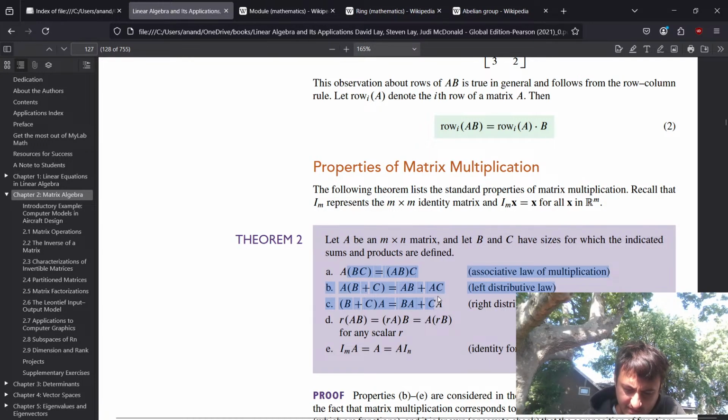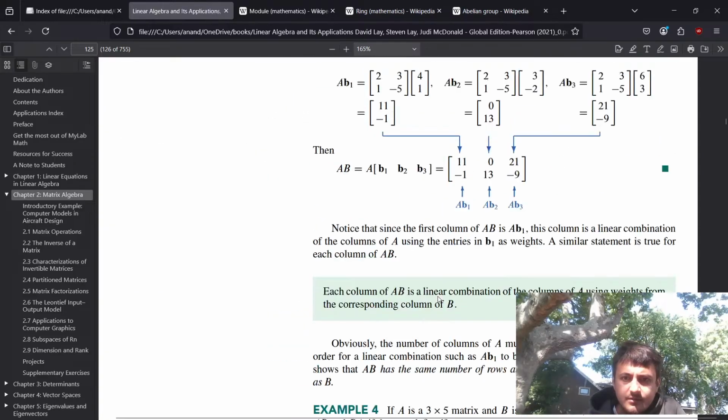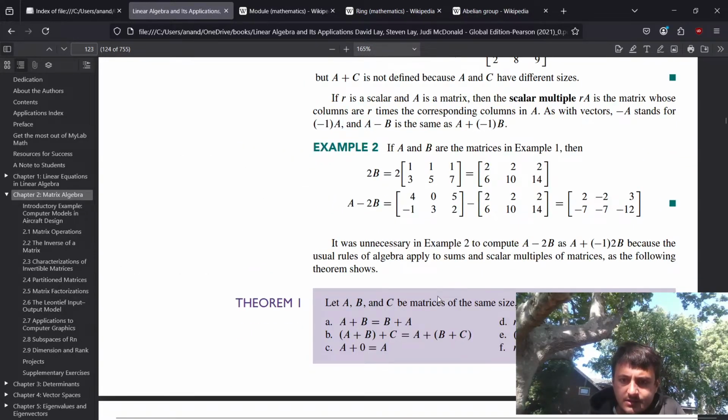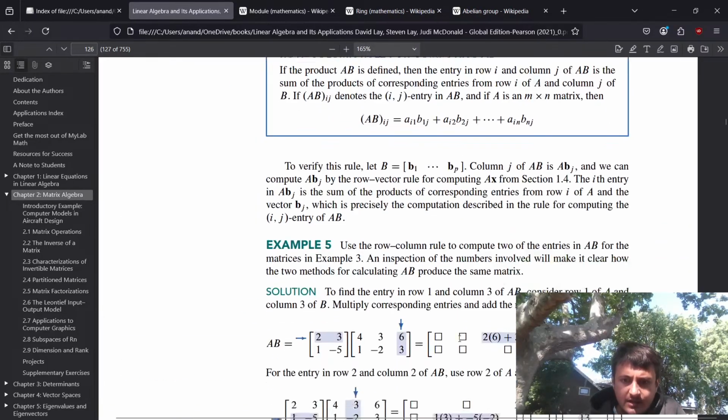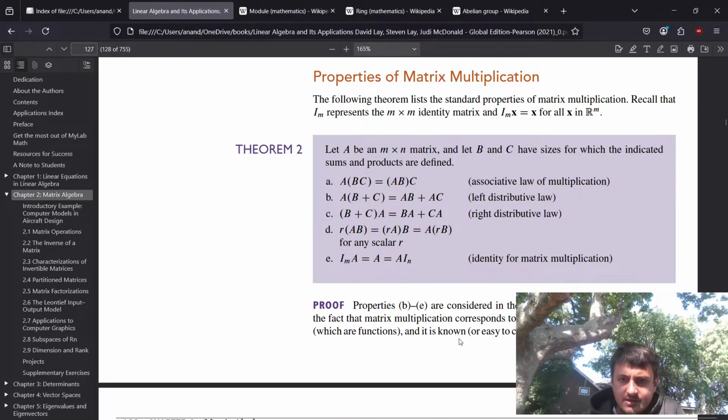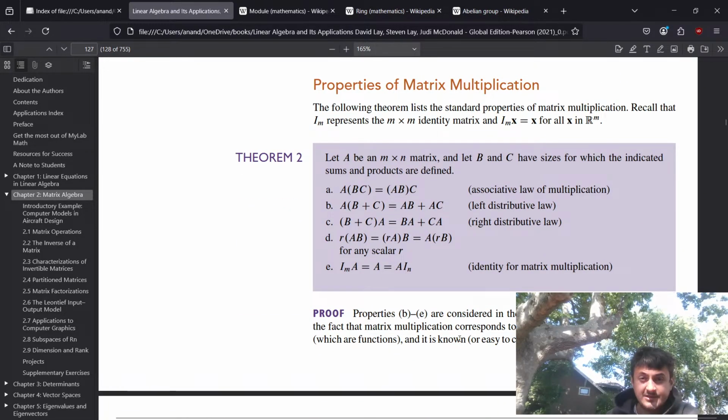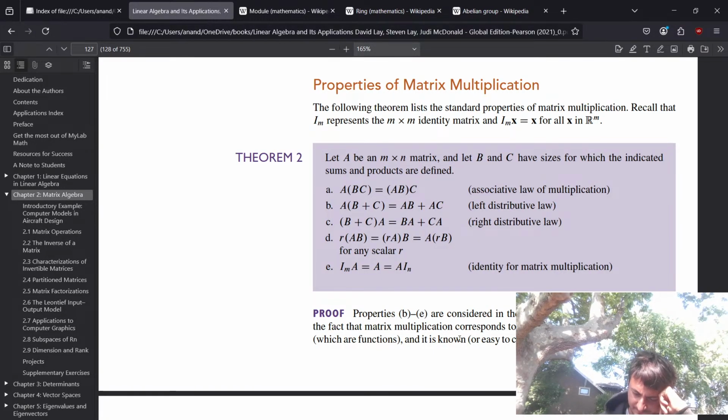But what is the difference between that and this? Because this is associativity of addition. This is okay. Okay, so this is times associative on matrices. A, B, C equals A, B, C.